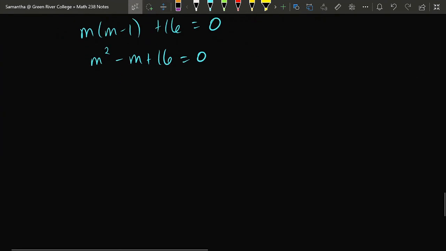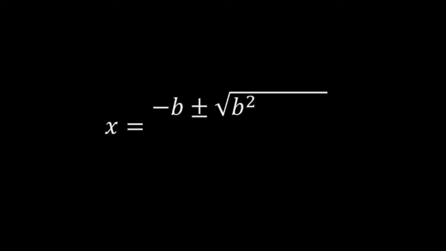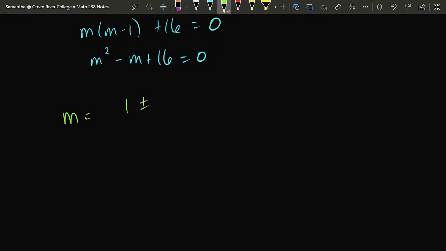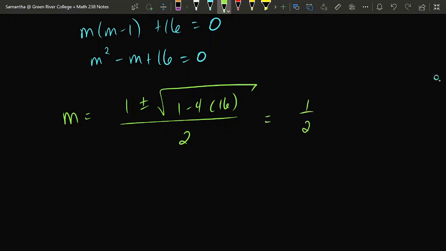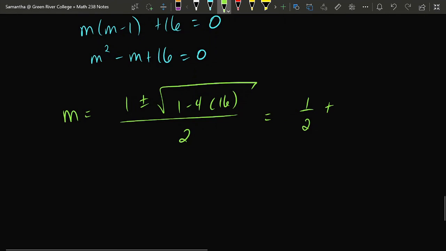Now, to my knowledge, this can't be solved by factoring, so you know what I'm going to use: the quadratic formula. Negative b plus or minus the square root of b squared minus 4ac, all over 2a, which looks like 1/2 plus or minus, what is that?